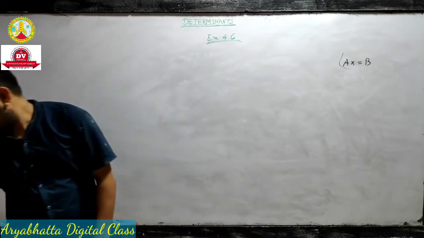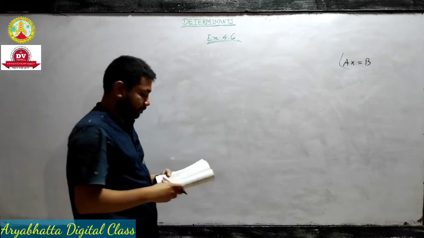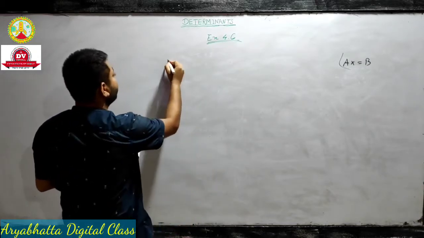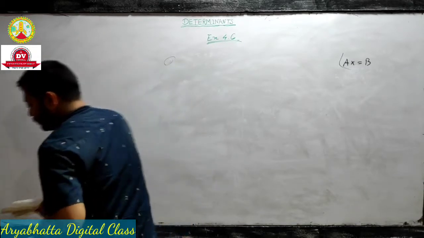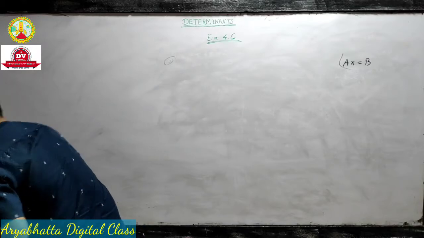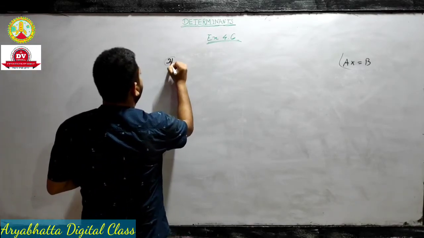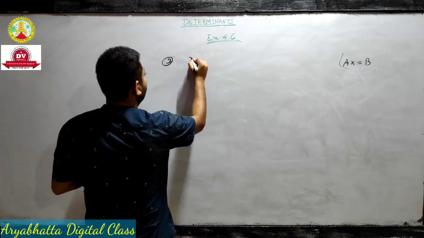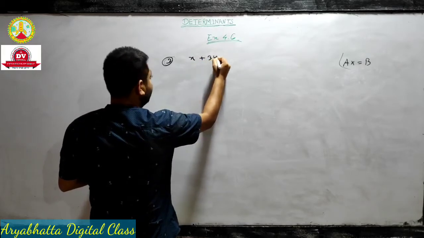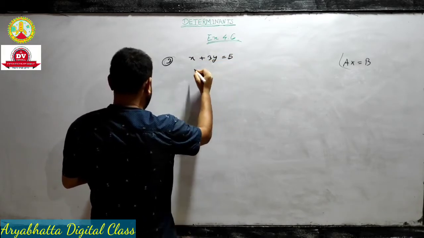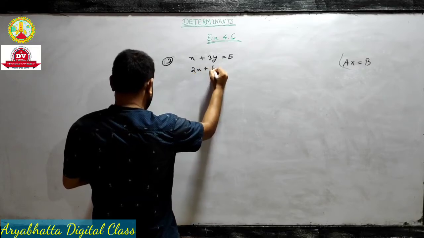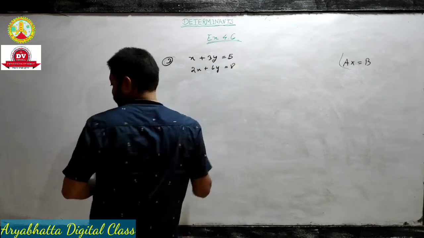Next, question number 3: given x plus 3y equal to 5 and 2x plus 6y equal to 8.